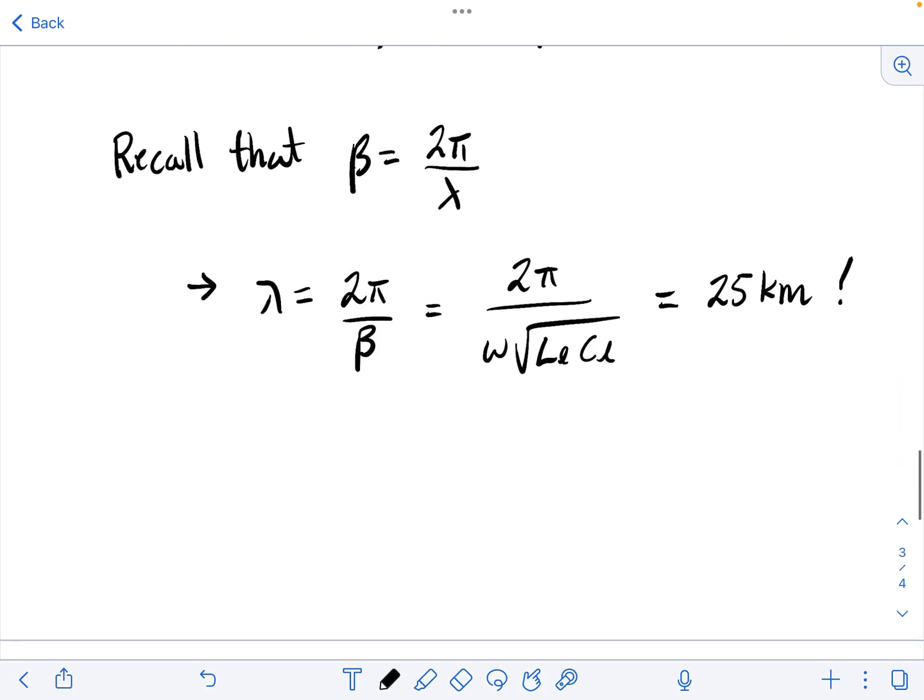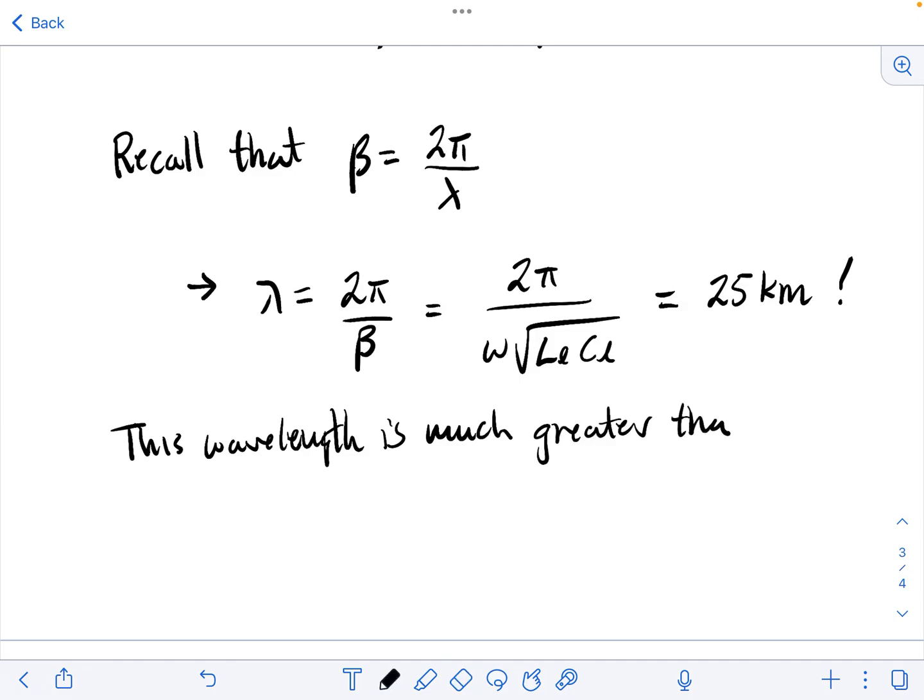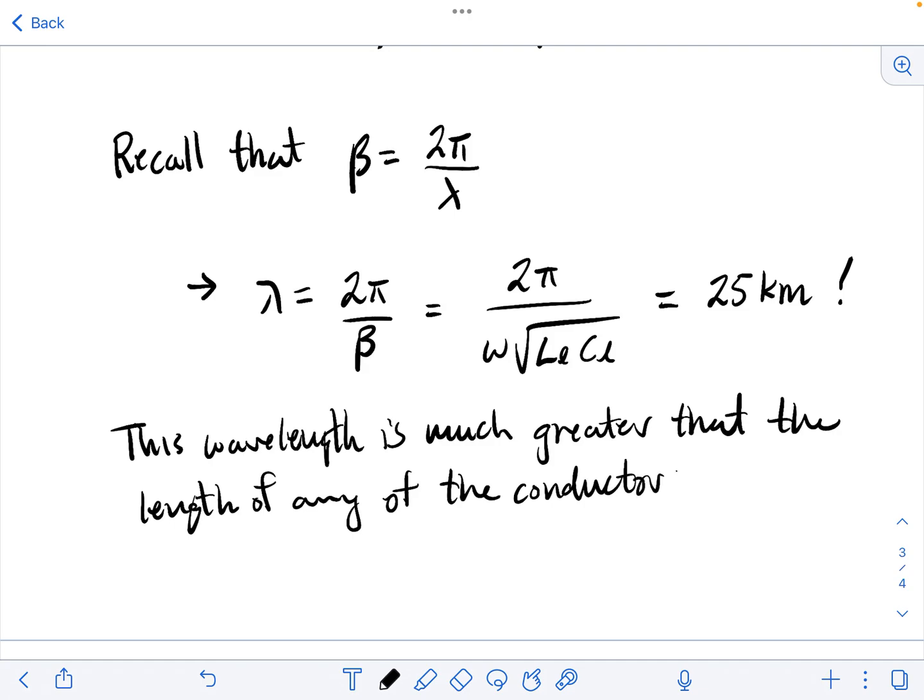So what we conclude then is that this wavelength is much greater than the length of any of the conductors, or if you like, transmission lines used in a PHYS 231 circuit.